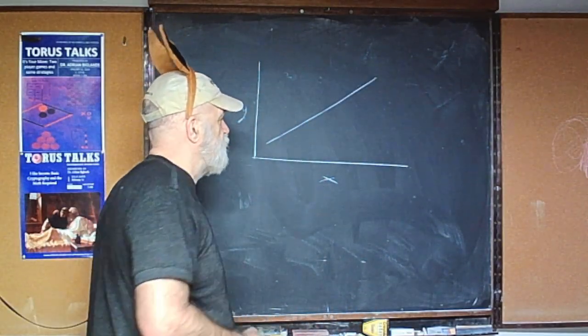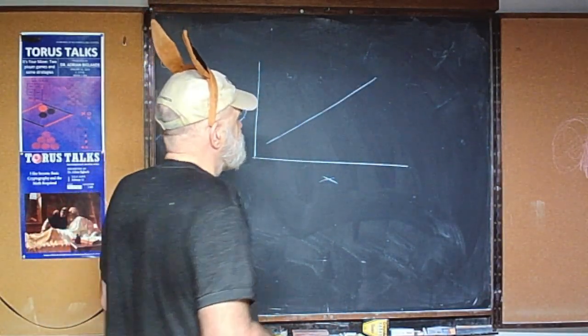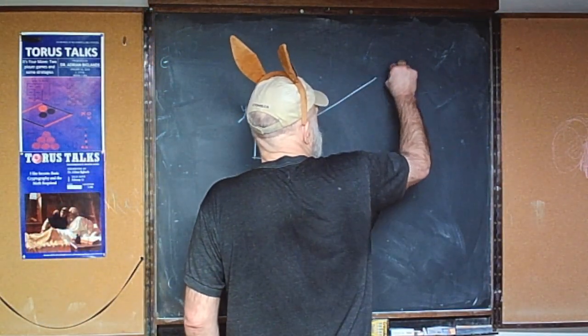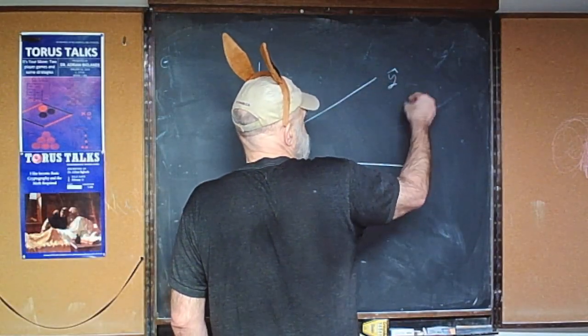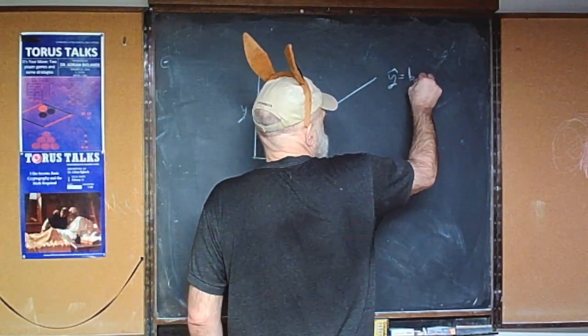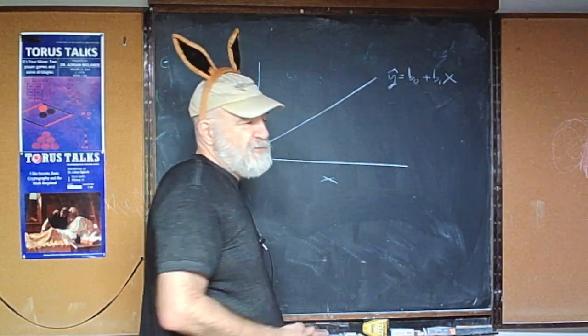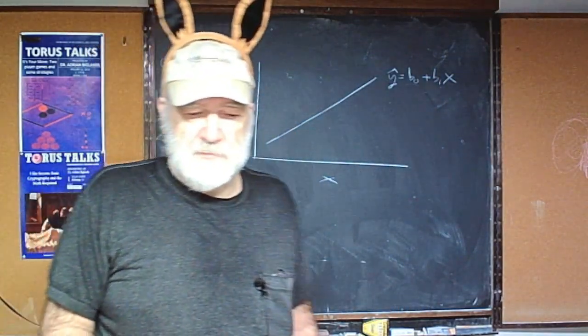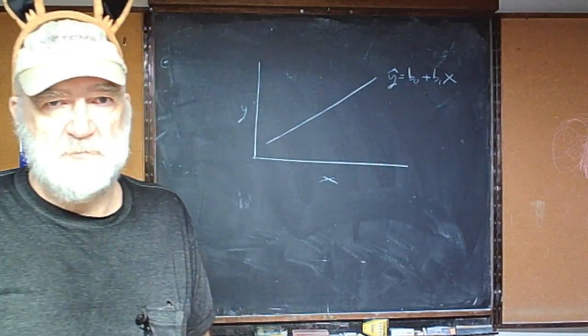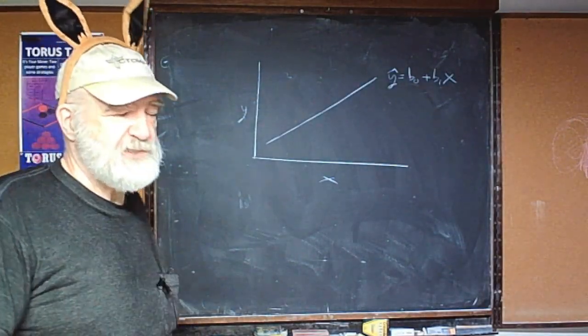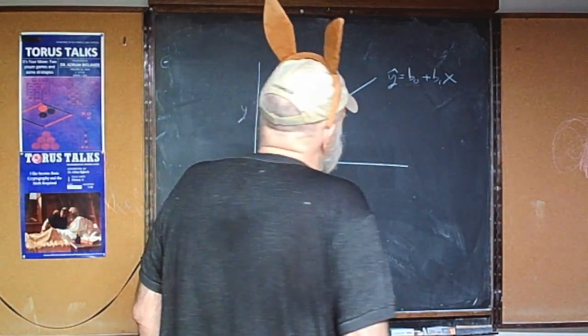I'll make it a positive one because that's a habit. So this is our mathematical model, y hat, so hat means you computed this thing, is equal to b sub 0 plus b sub 1 times x. And your prof may call those betas, and if your prof is from Europe, they probably call it beta. Call it something.